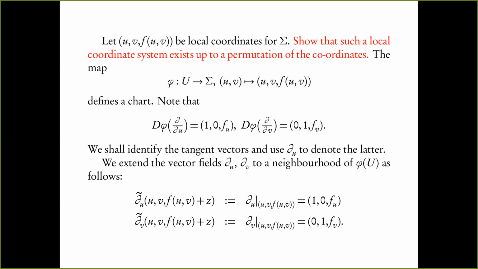And the same with the extension of del v. It is the same old del v, but you forget how much you have moved up or down in the z direction. So this is a very natural extension to choose, and because the computation doesn't really depend at the end on what extension you have chosen, this is a fair extension to choose. All right. Okay. Any questions? Okay.